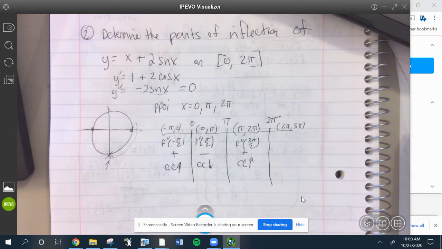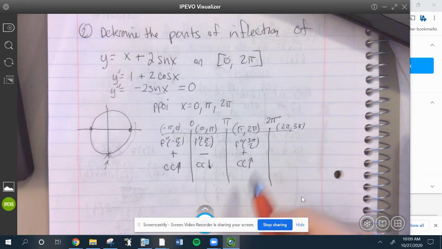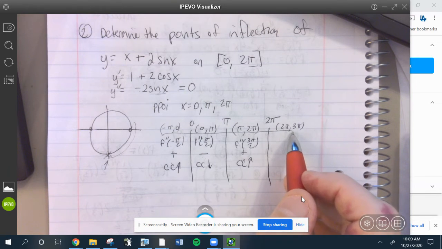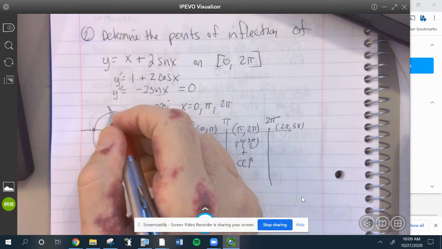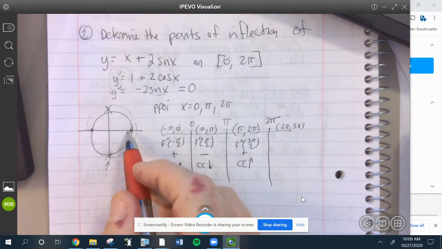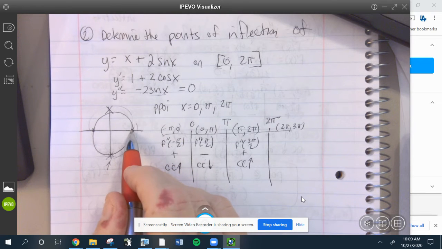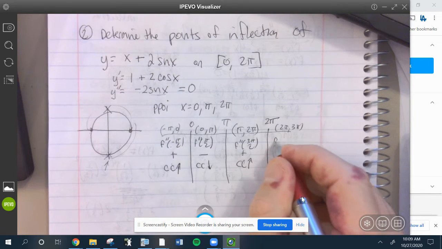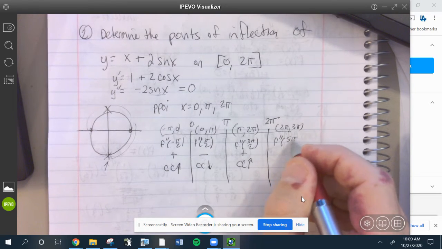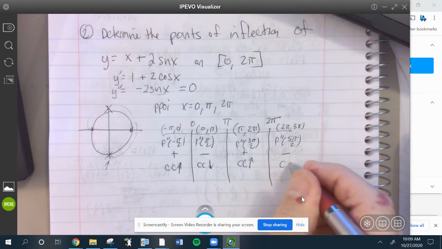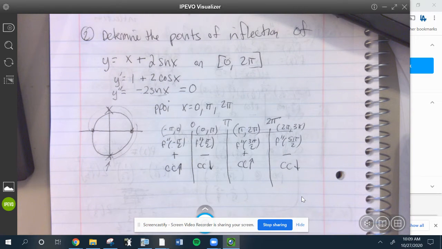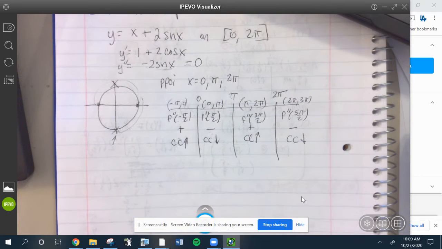This is going to change every interval. 2 pi to 3 pi, well, this is 2 pi, that's 3 pi, so we're here again. 2 pi is 4 pi over 2, that's 5 pi over 2, which is the exact same thing as pi over 2, that's negative, concave down. So according to our chart, it changes concavity really at every single multiple of pi.